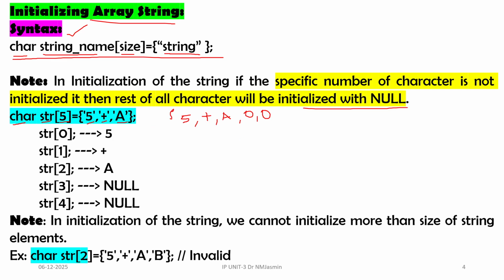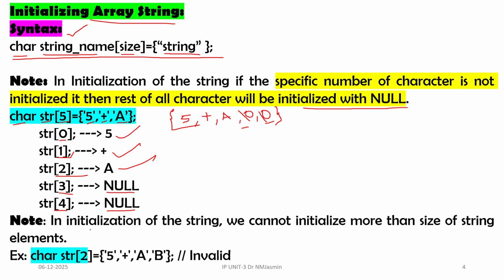In this example, string[0] has 5, string[1] has plus, string[2] has a, whereas at string[3] and string[4] we keep the null character.